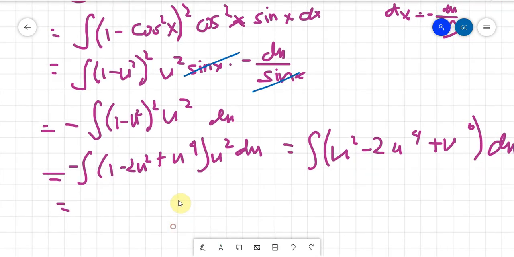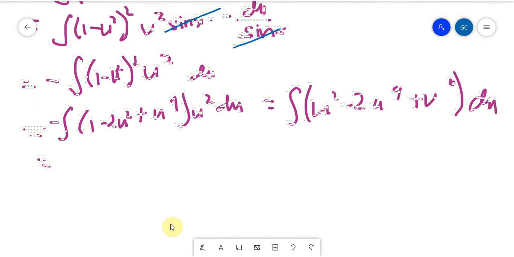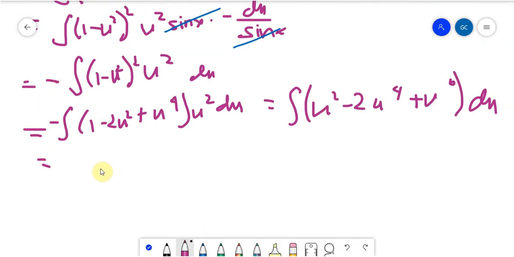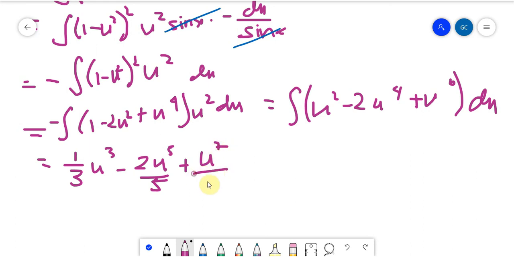And we will use the power rule for this one. So we have 1/3 u cubed minus 2u to the 5 over 5 plus u to the 7 over 7 plus some constant c.